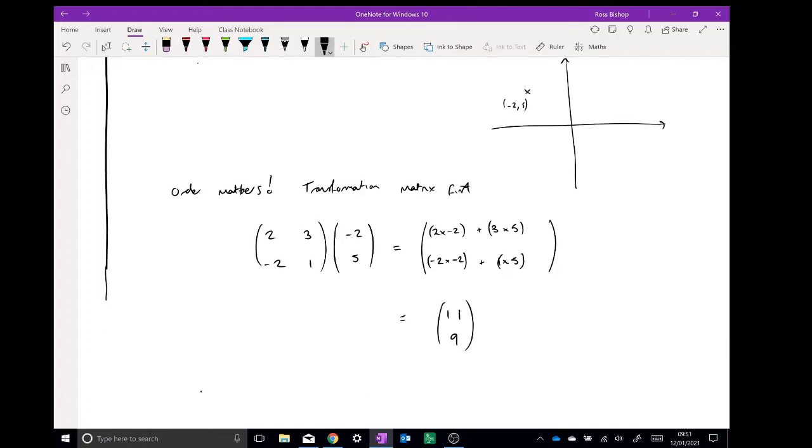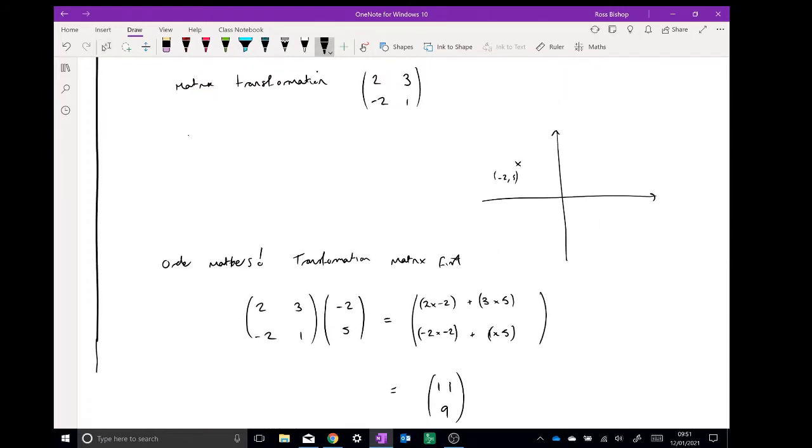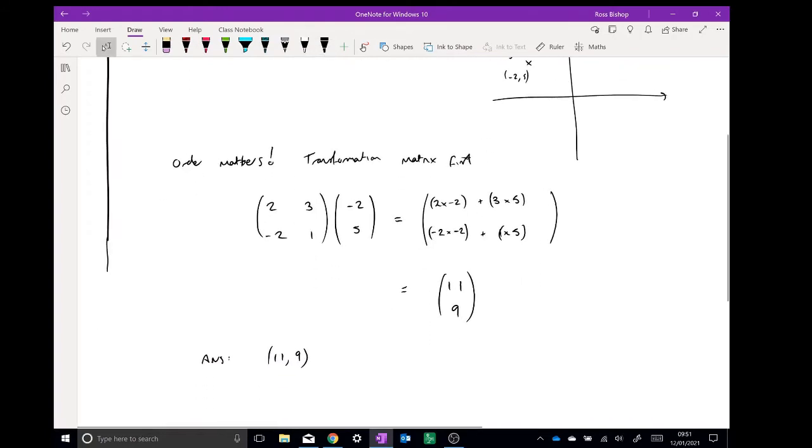So your answer, your image point, will be (11, 9). If I multiply that coordinate by that matrix, it's going to move it to (11, 9), somewhere up there. That's my original point, and this is my image. It moves it from there to there quite quickly. A computer can do that very easily, and it can do it for many coordinates, a whole shape, for example.